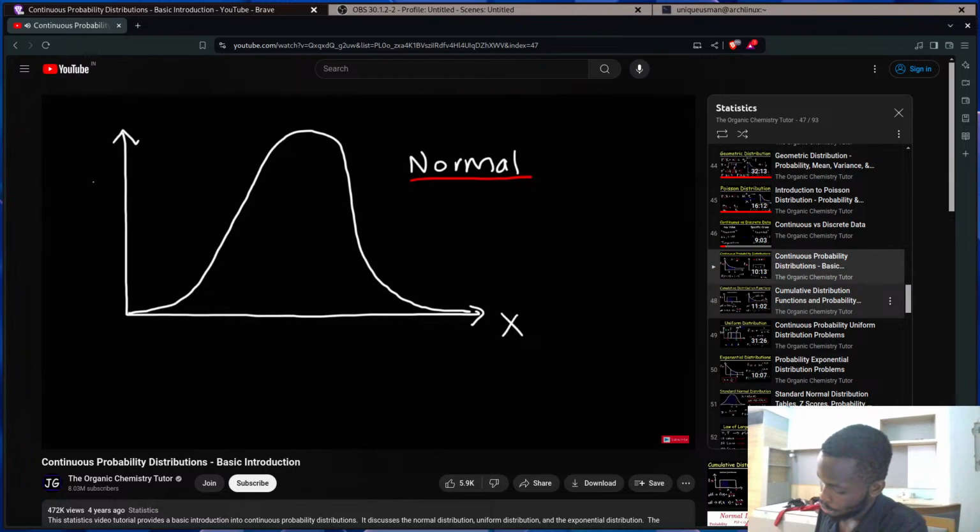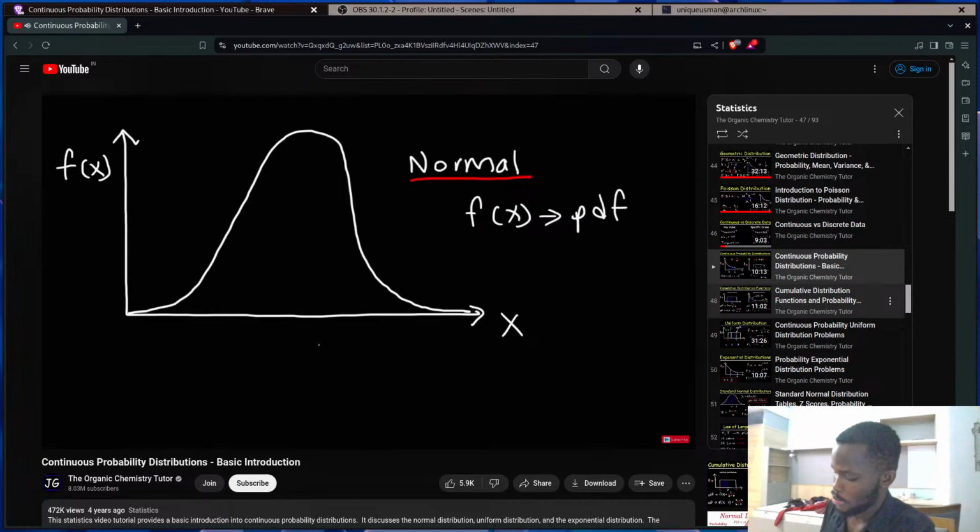Now on the y-axis, we have the function f of x, which is also known as the PDF, which stands for the probability density function. Now f of x will tell us the height of the curve above the x-axis at some point x. So f of x will give us the distance between these 2 points. Now let's put some letters here.